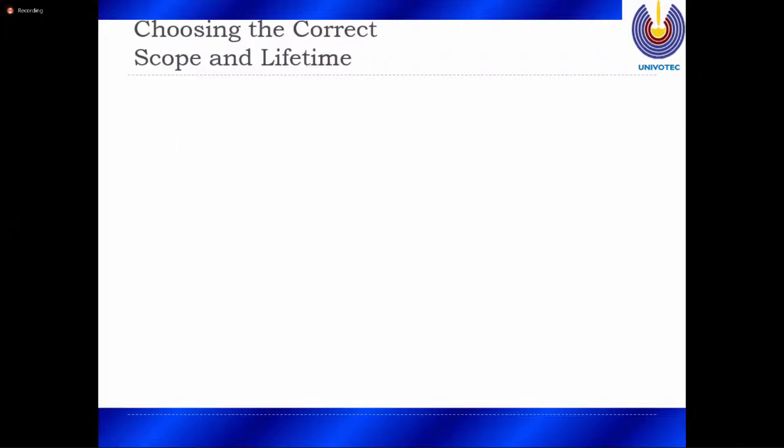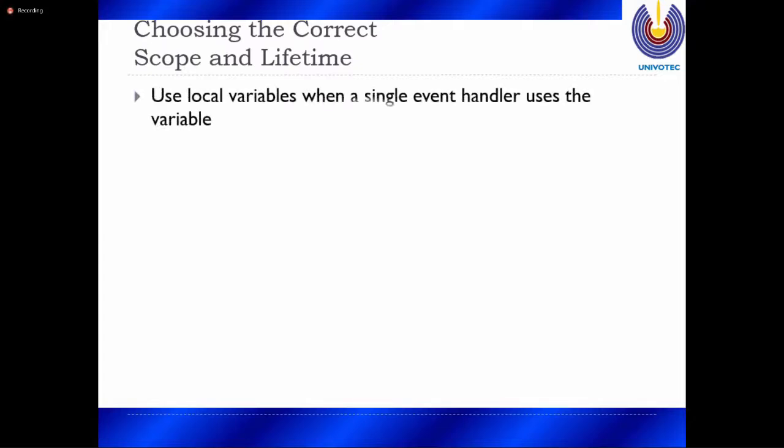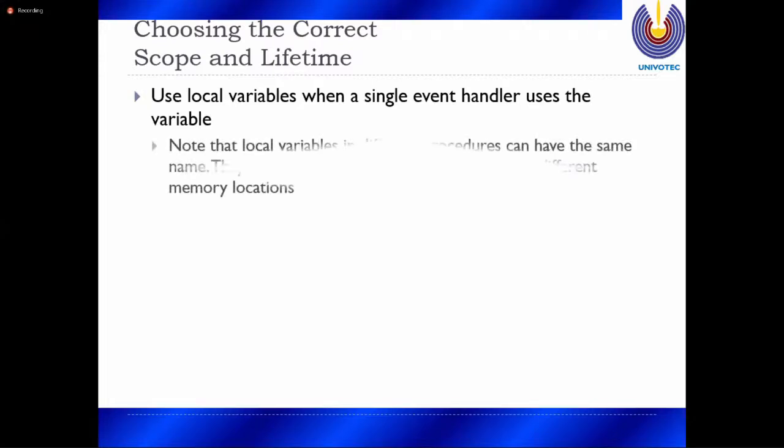Now, choosing the correct scope and lifetime. Okay, if you want to use a variable everywhere, then you can use public. When you start with the lifetime, the developer has to decide the scope and lifetime. Use a local variable when a single event handler uses the variable; then it's a local, private variable.